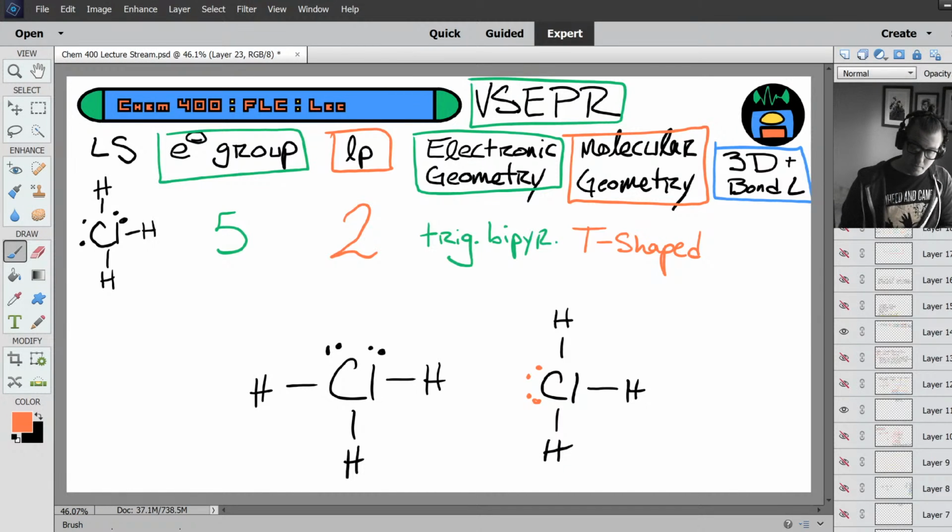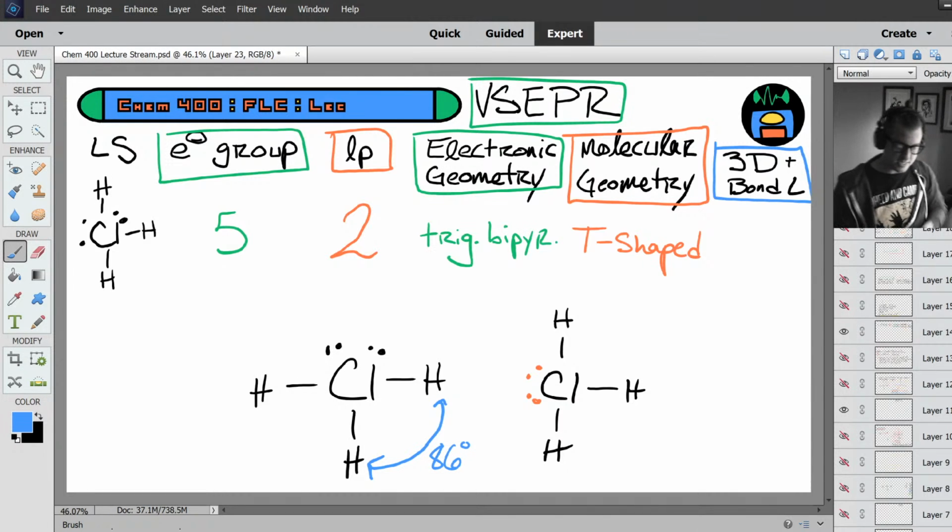Now, there's only one bond angle here, and that is the bond angle between the 1 equatorial position with a hydrogen and the axial hydrogen. We've got 2 lone pairs, so it gets pinched down 86 degrees. This is the 3-dimensional representation of a T-shaped trigonal bipyramid. All right.